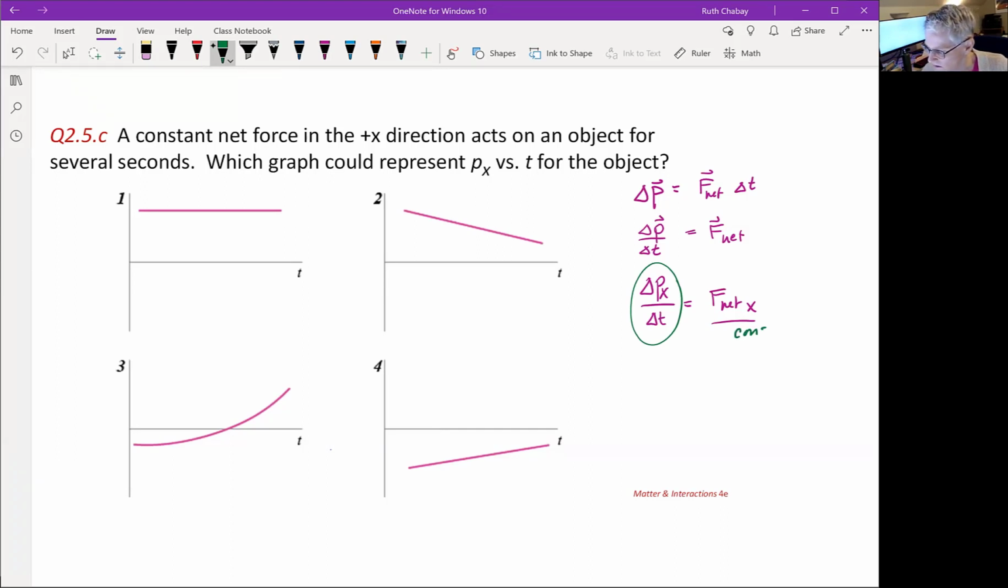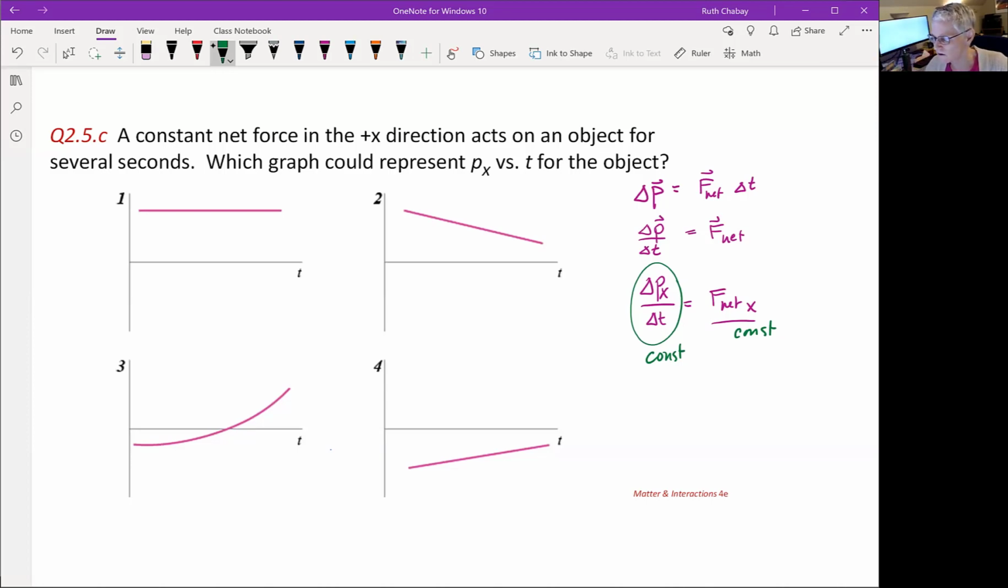If this is constant, this is also constant. What is this quantity, delta p sub x over delta t? What is the meaning of that quantity? No, it's not momentum. It's the rate of change of momentum with time. No, it's not the net force either.